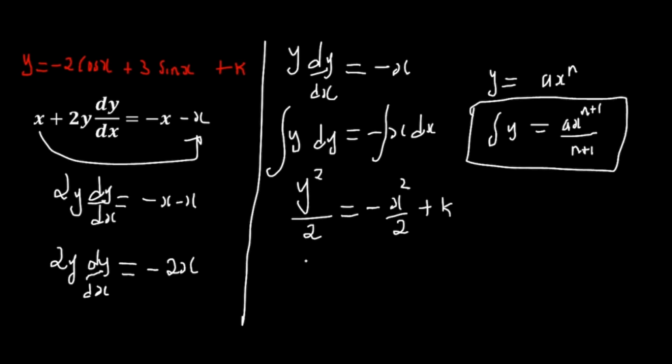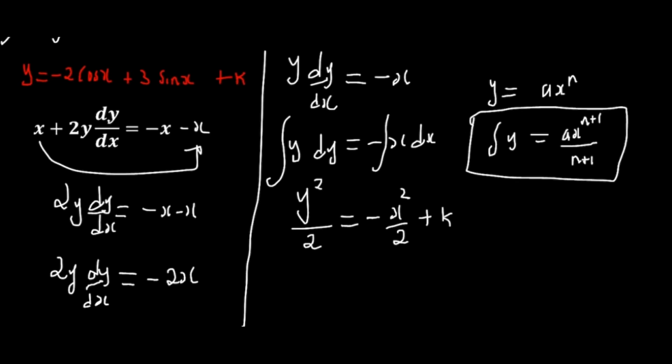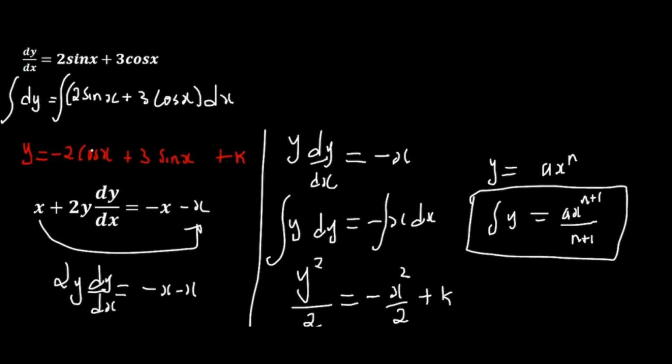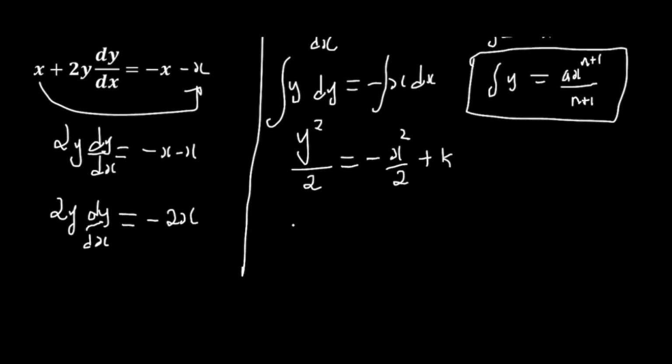Now here we want our function to be in the form y equal to f of x, right? So we're going to have y squared equal to, if we multiply through by 2, minus x squared plus 2k.